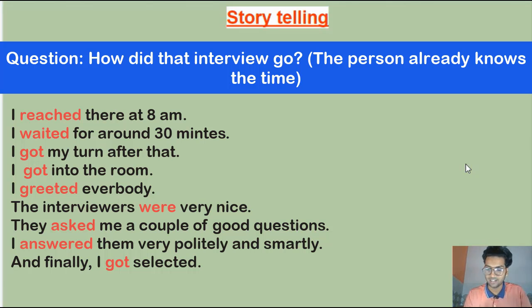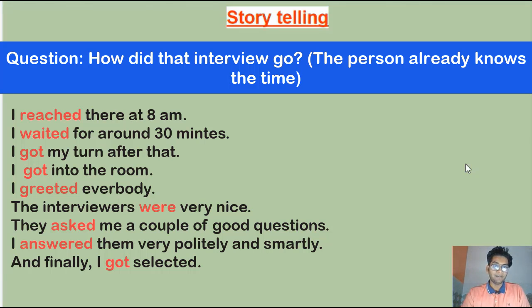I waited for, let's say, 30 minutes and I got my turn after that. I got into the room, I greeted everybody. The interviewers were very nice. They asked me a couple of good questions and I answered them very politely, very smartly. And finally, I got selected. So I'm using simple past tense to talk about what happened in the past, right?